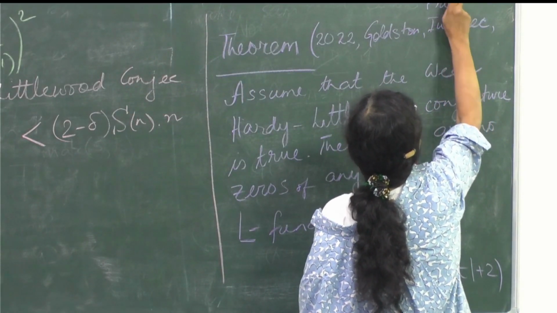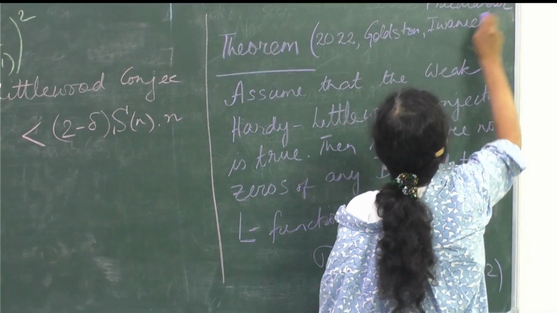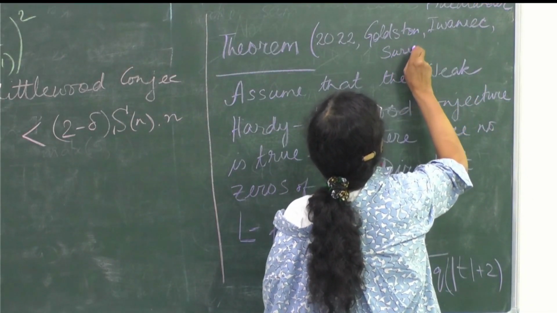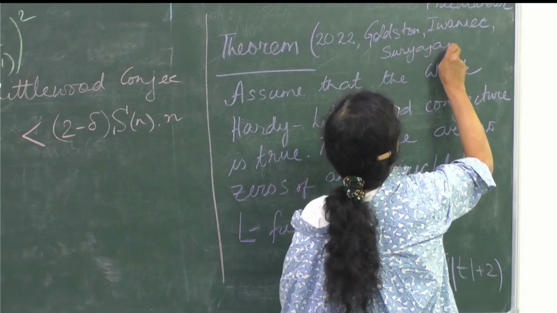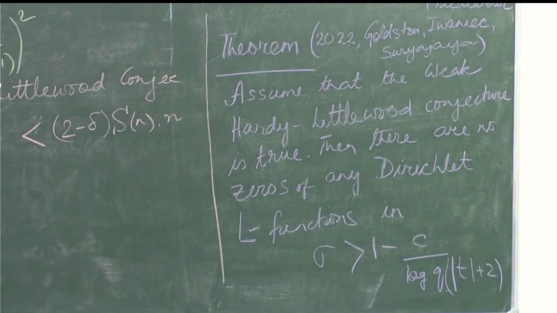Friedlander, and Surya Jaya. Okay. So there are 4 people, they proved this in 2022. As I said, they are all living people and Surya Jaya is a young woman. She's very young and very energetic. And well, the others are old, but never mind.